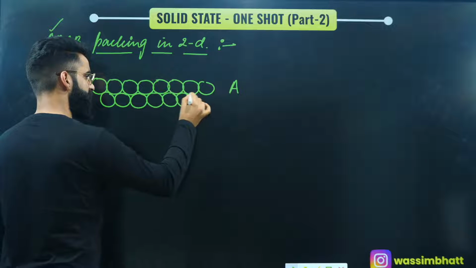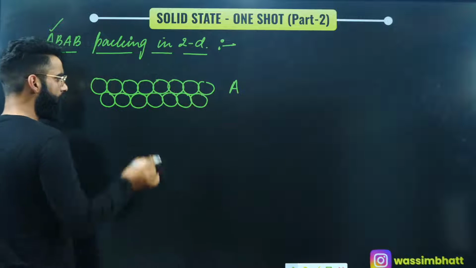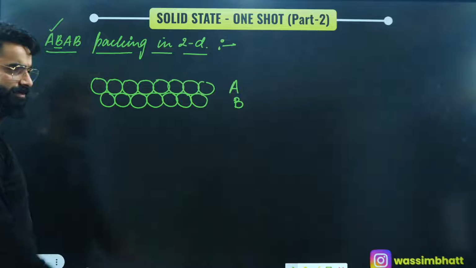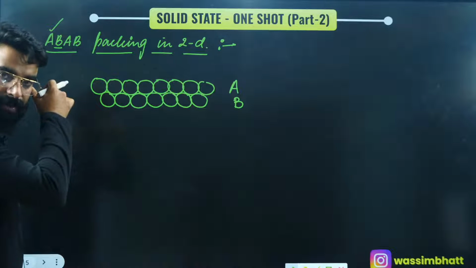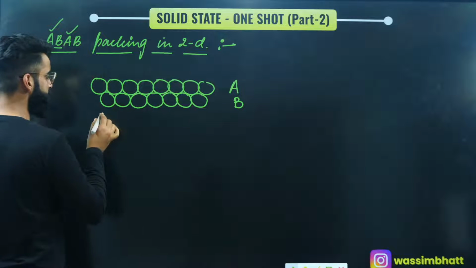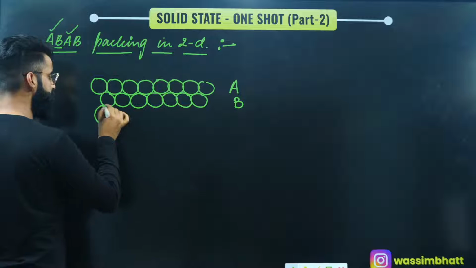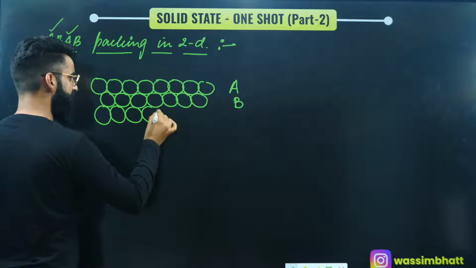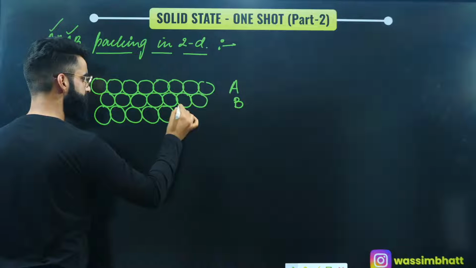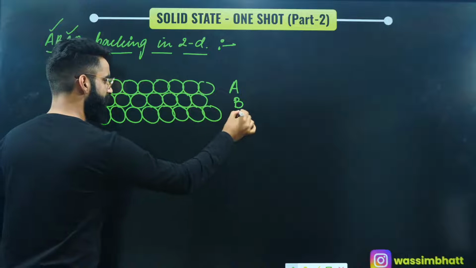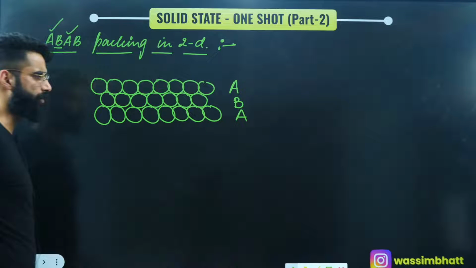So I'll call this row of particles row B. The first row was row A, the second row is row B. The third row is again going to be row A, identical to the first row, like this.